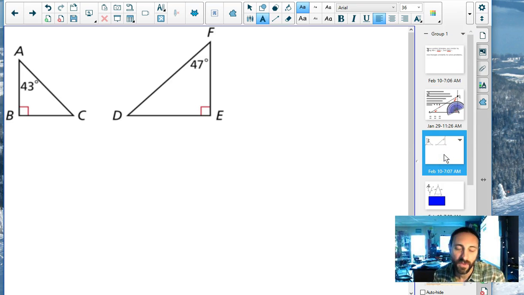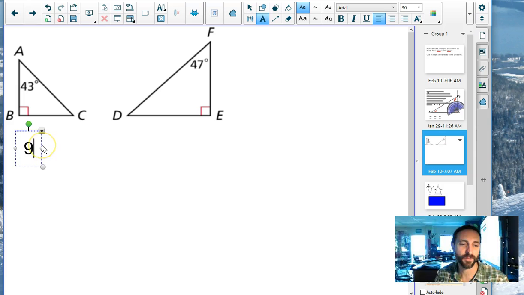So here you go. You have two triangles. One has a 90-degree angle. The other has a 90-degree angle. One has a 47-degree angle. The other has a 43-degree angle. Are these two triangles similar? Well, according to angle-angle similarity, if two of their angles are congruent, then all three have to be, and therefore the triangles are similar. Well, let's just double check to make sure these angles work out.